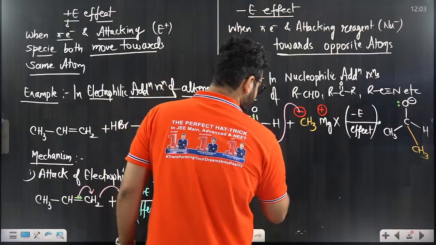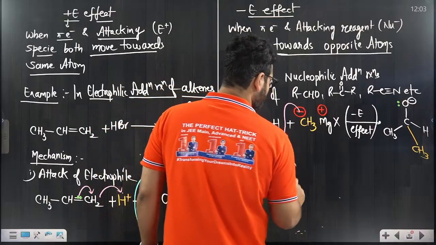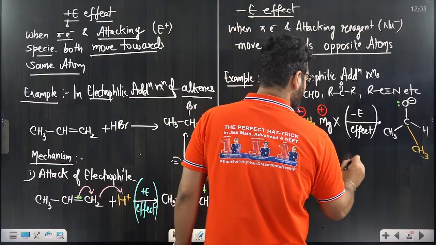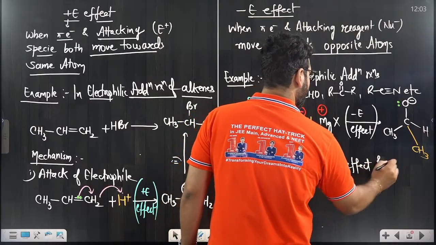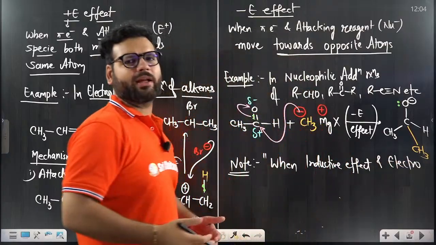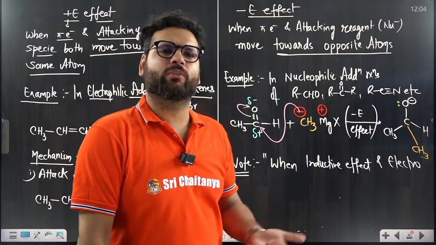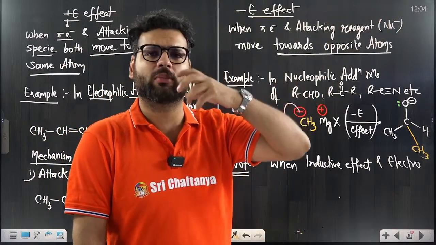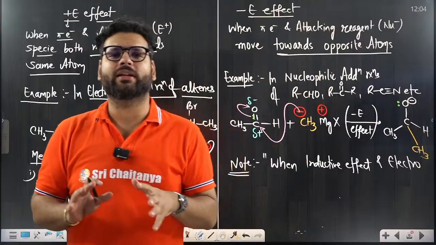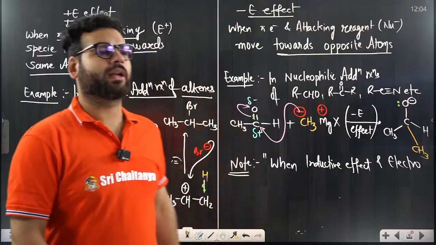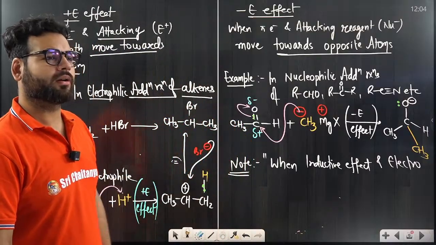So write down: when inductive effect and electromeric effect are in the same direction, obviously you don't have to worry about it. Both are saying electrons should go from left to right, so you send the electrons from left to right, there's no problem. But when they are trying to send the electrons in opposite directions, then you always listen to the electromeric effect.